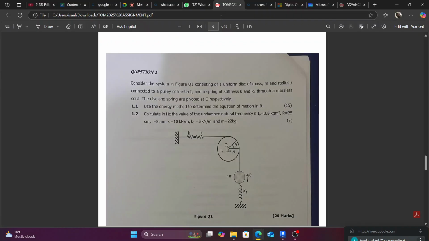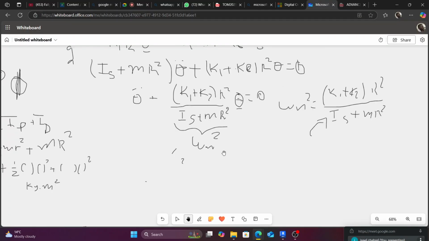Now, what is the question? The question says calculate the undamped natural frequency. What is the undamped natural frequency, my brother? Omega n. Okay, what does undamped mean even? Undamped means there's no damper in the system, no damping coefficient. Sometimes in the question they can say solve for the damped.